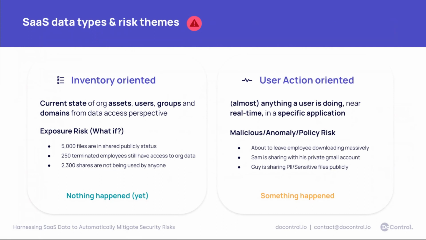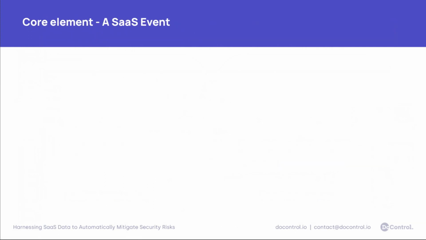Guy is sharing PII or any sensitive files publicly now. It means that something happened and an event was raised, and we got the notification on that. We got the understanding that something happened. So this is another type of risk and another type of data. And this is actually a good segue to describe the main element in the SaaS data, which is the event.